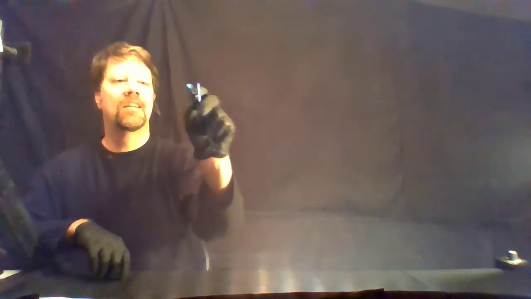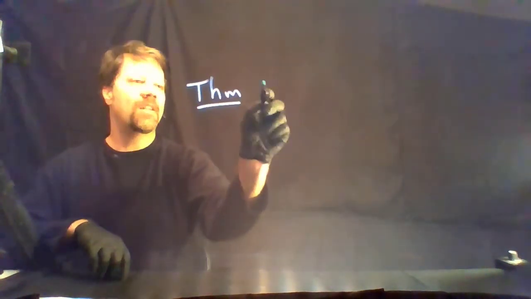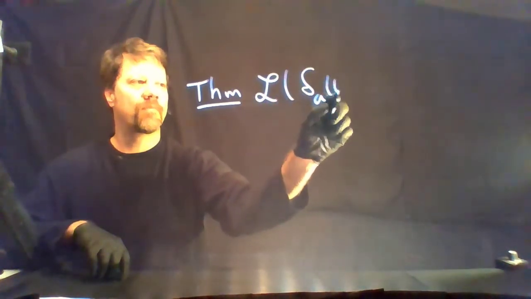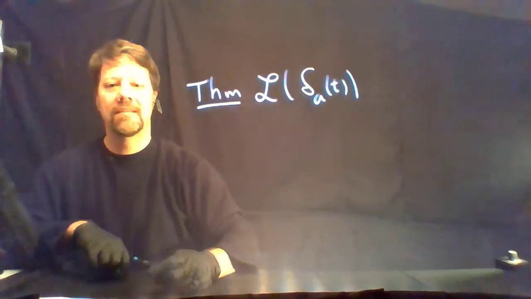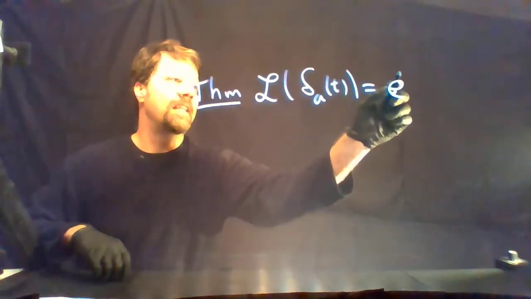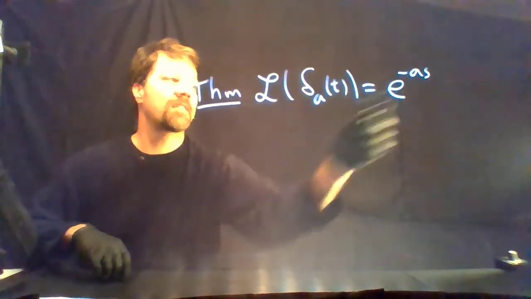Next, we need to know what the Laplace transform of the Dirac delta function is. Well, we will prove that this is e to the minus as.